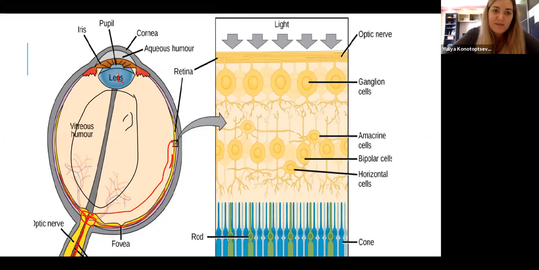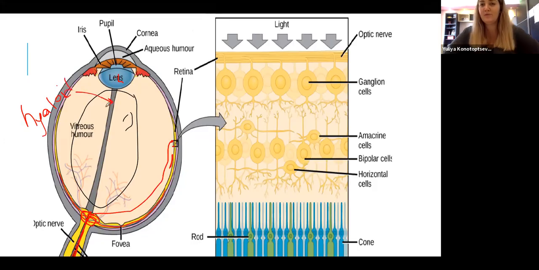But between the lens and the optic disc, the point where we collect the axons of the ganglionic cells, there is a canal. This canal is called hyaloid canal.